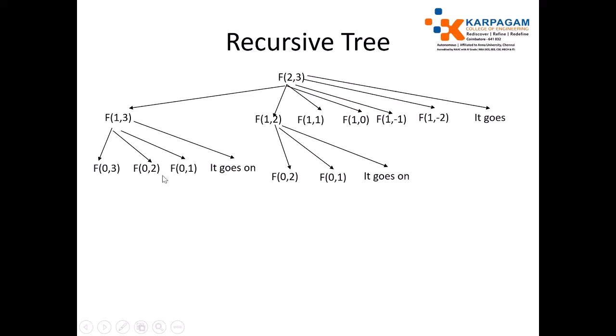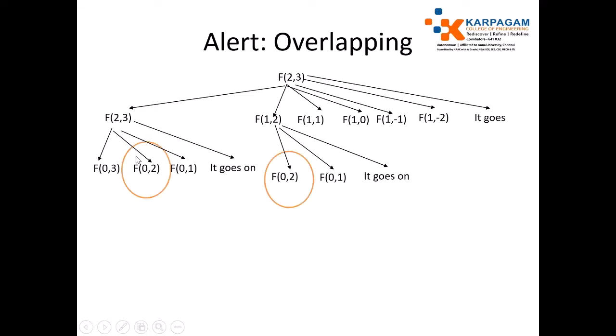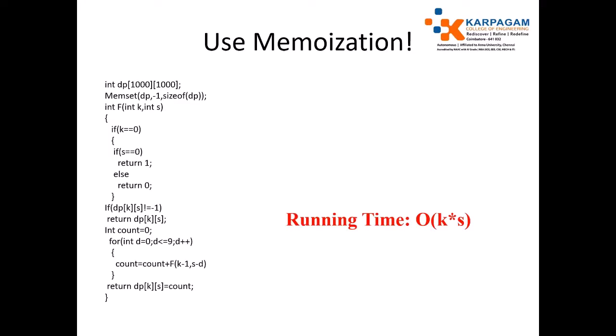See here, we have overlapping subproblems. For larger input, we have so many overlapping subproblems. Here also we have them. That is why we are going for the dynamic programming approach. To solve this problem, it is very easy: just use the memoization concept.